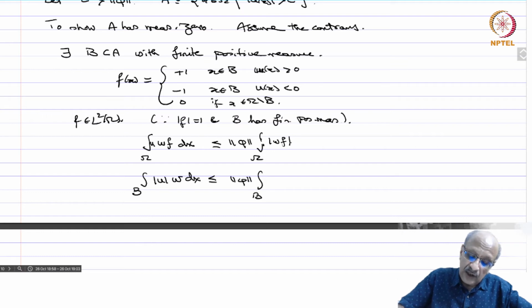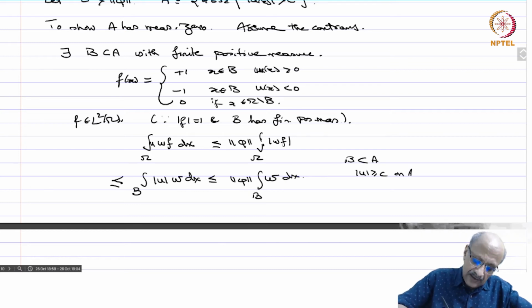Mod f is less than or equal to 1, and therefore this is just mod w, and w is non-negative, and therefore I can just write w dx. But then what do you know about u on B? On B, you have B is contained in A, and mod u is greater than or equal to C on A, and therefore you can write this as C times the integral over B of w dx.